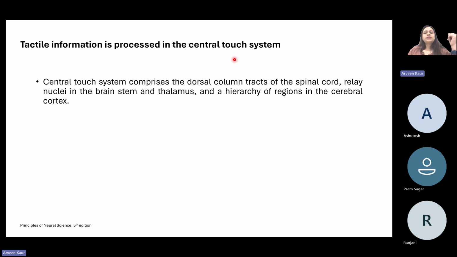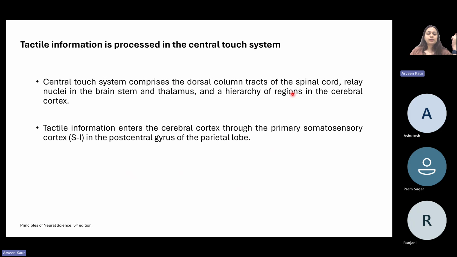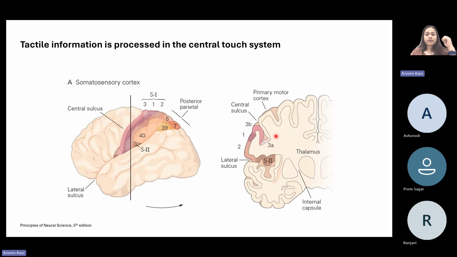So tactile information is processed in the central touch system. This comprises the dorsal column tracts of the spinal cord and relay nuclei in the brainstem and thalamus, and a hierarchy of regions in the cerebral cortex as well. The tactile information enters the cerebral cortex through the primary somatosensory cortex in the post-central gyrus of the parietal lobe. So this is the one that is just behind the primary motor cortex, right?